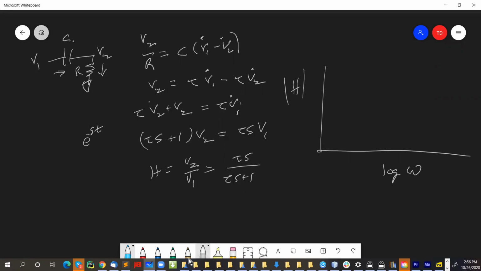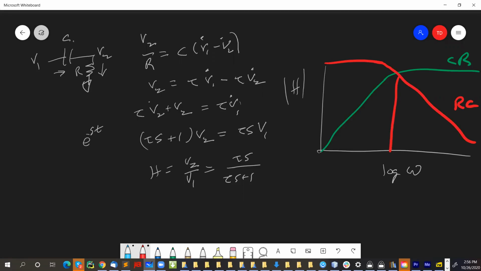And what I find is for this high pass filter, if I work out the magnitude of this H by multiplying by the complex conjugate of the number, then I find out that H looks like this for the CR high pass. And I'll draw it again here. Looks like this for the RC low pass.